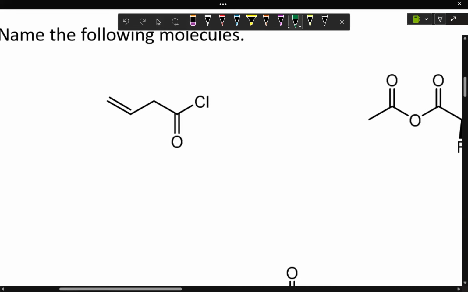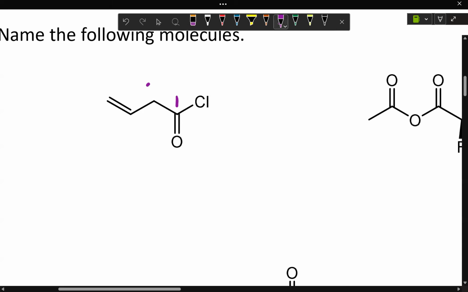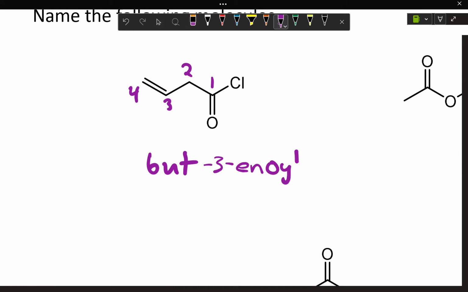So starting with the acid chloride. You should always start numbering at the carboxylic acid derivative. So we're going to start numbering at the acid chloride. 4, but-. We have an alkene on carbon 3, so we're going to signify that. And then normally we'd end it in -ene, but because we have an acid chloride, we're going to end that part as -oyl, and then space chloride.